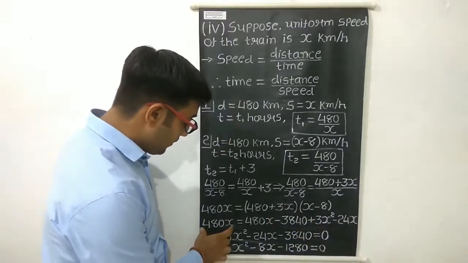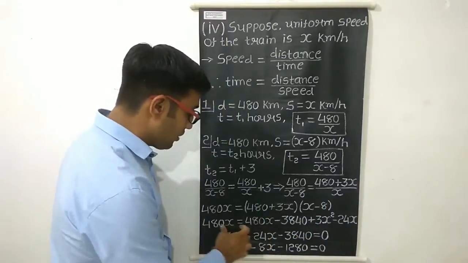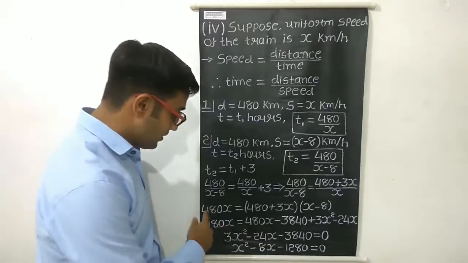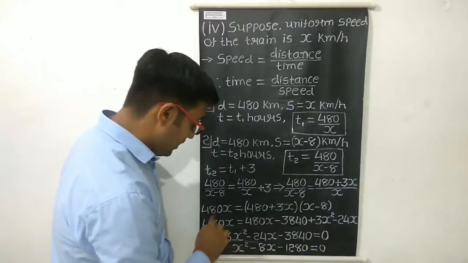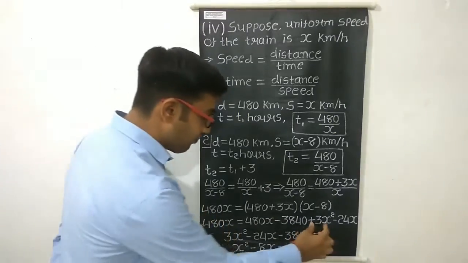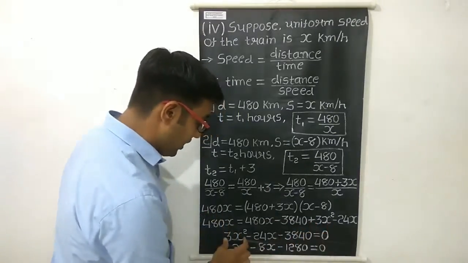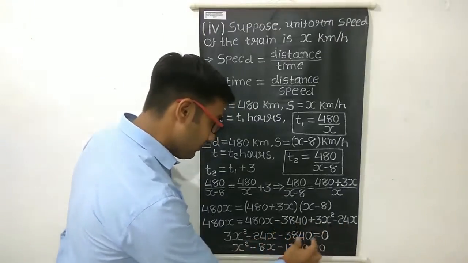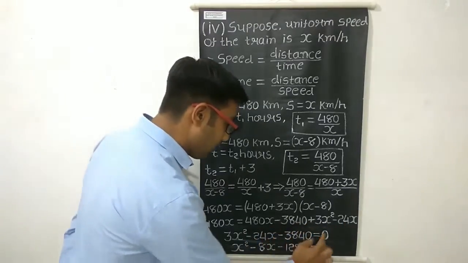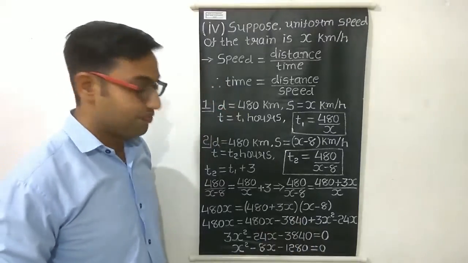Now see, there is 480x on both sides of the equation, so they will cancel each other out. What will remain is that this side will become 0. On the right hand side we have plus 3x square minus 24x and minus 3840 is equal to 0.